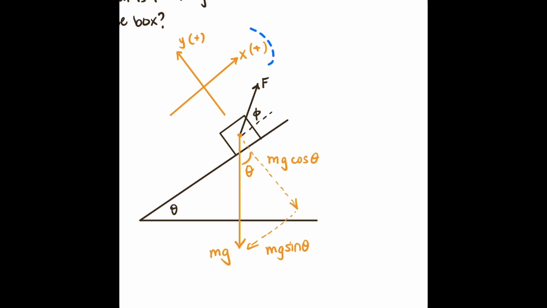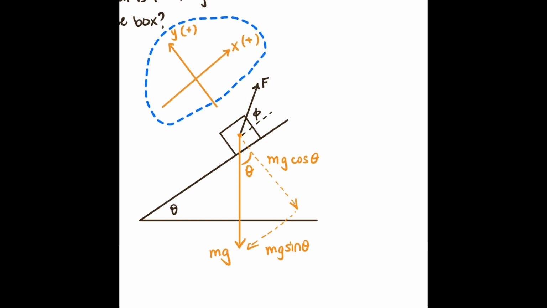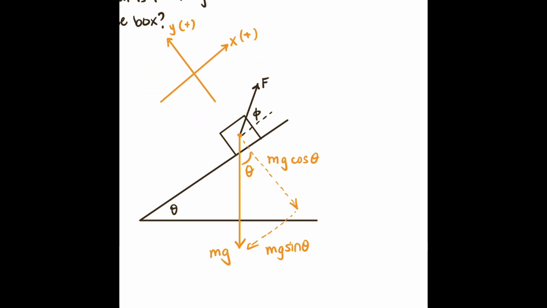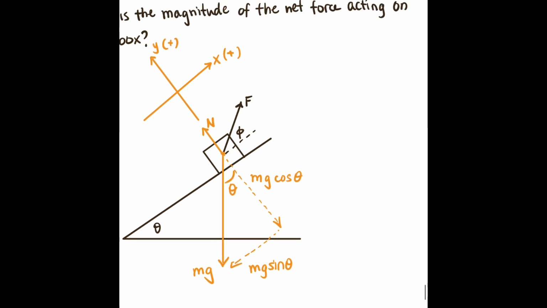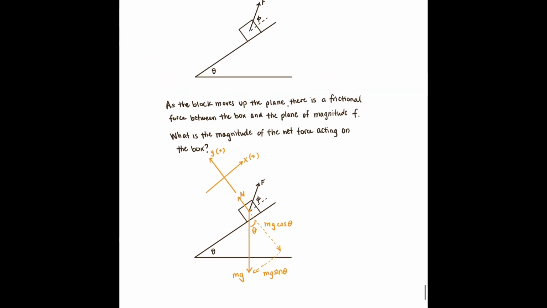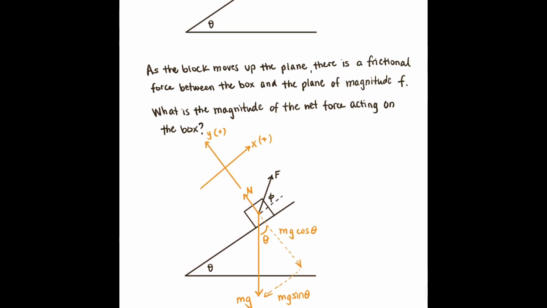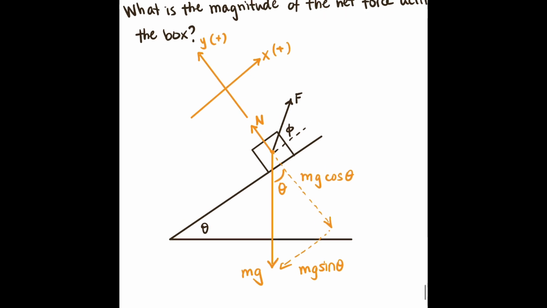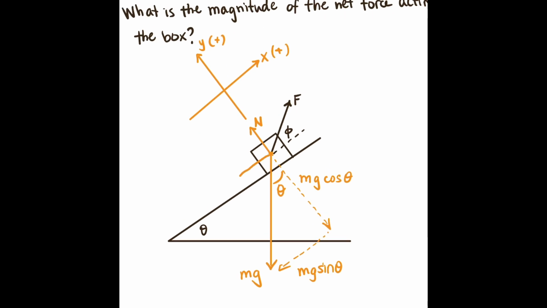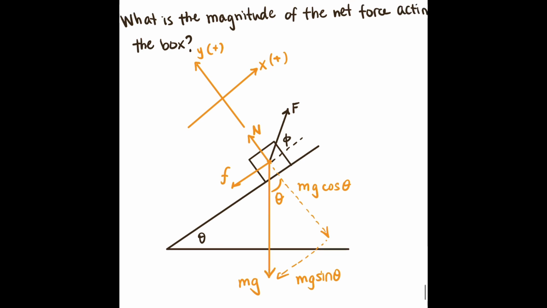We also know that there's a normal force acting on the block as well, and I'll call that N. The next force that we're told is that there's a magnitude of F, lowercase f, which opposes the direction of motion, and that's our friction force.